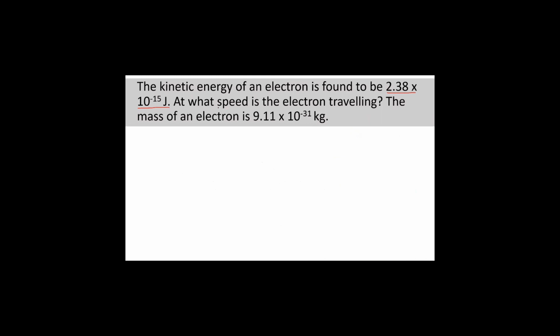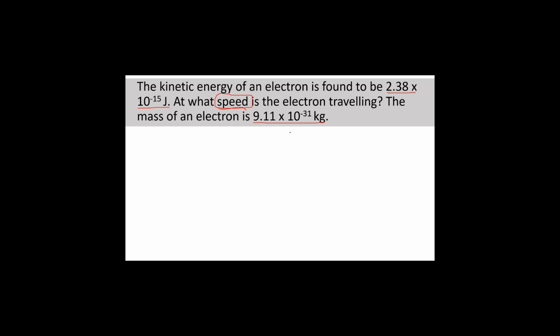At what speed, so what is its speed or its velocity, is the electron traveling? So what is the speed of the electron while it is traveling, if the mass of an electron is equal to 9.11 times 10 to the power of negative 31 kilograms.